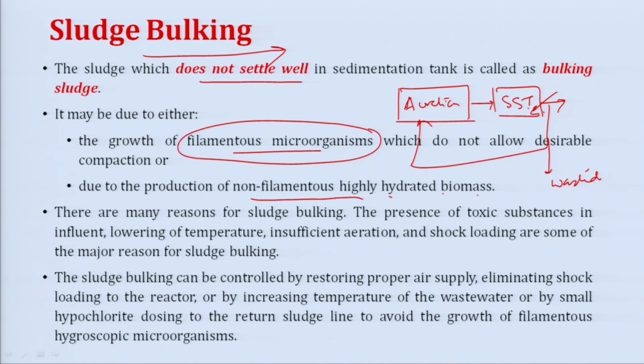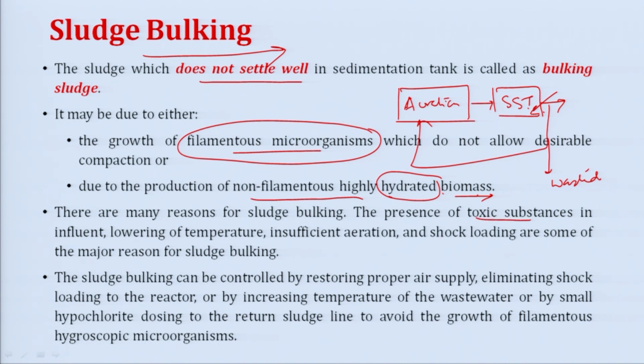So it can be because of growth of certain types of microorganisms, or due to the presence of very hydrated sludge, meaning you have lots of water in the biomass. So if you have a problem, you need to know the reasons and what may be the solutions for it. Okay. So, there are many reasons for sludge bulking.